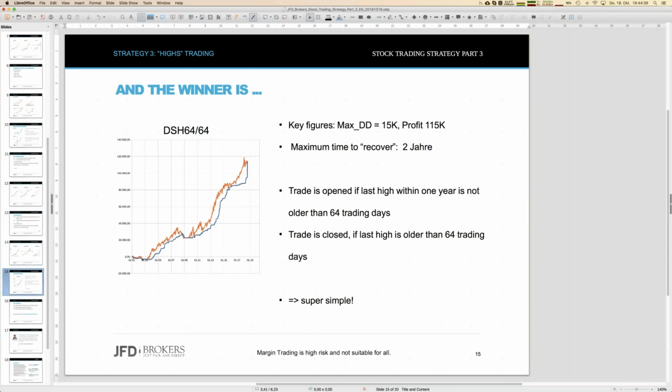And that's why I put the title here, and the winner is. That's fair enough, that this simple strategy is already extremely good. Super simple. Drawdown 15K, profit 115. That's the factor of 7 to 8.